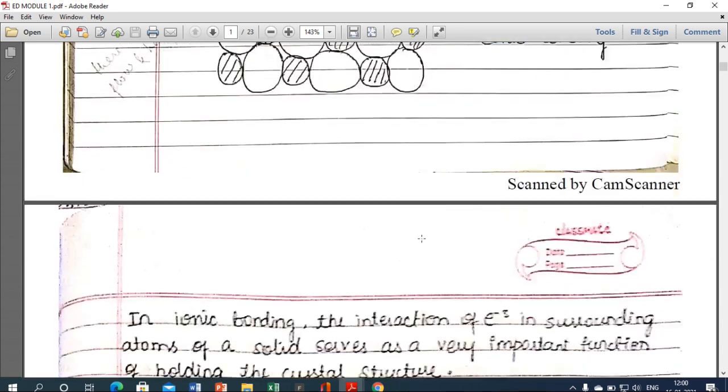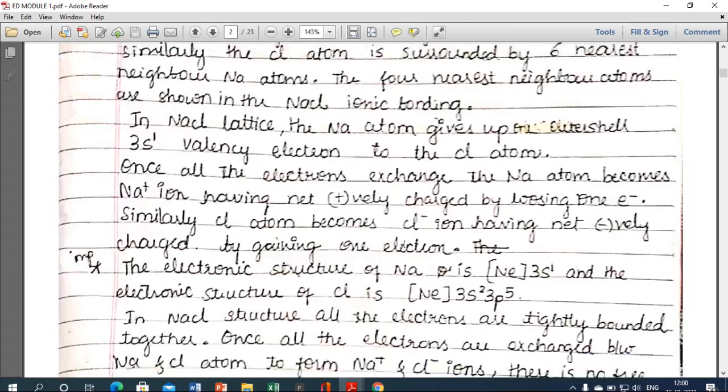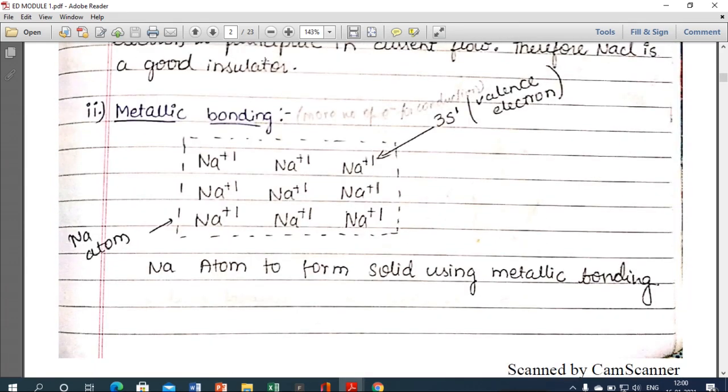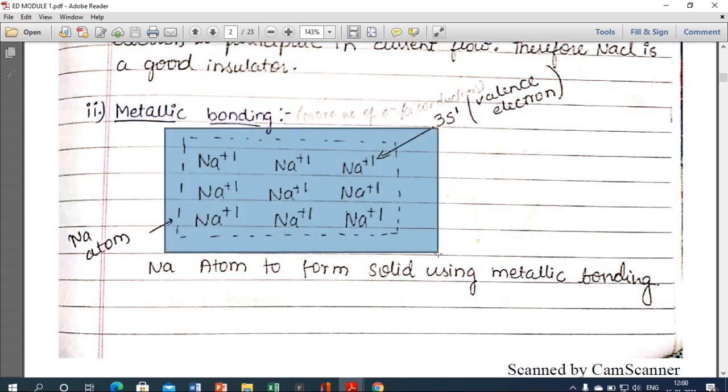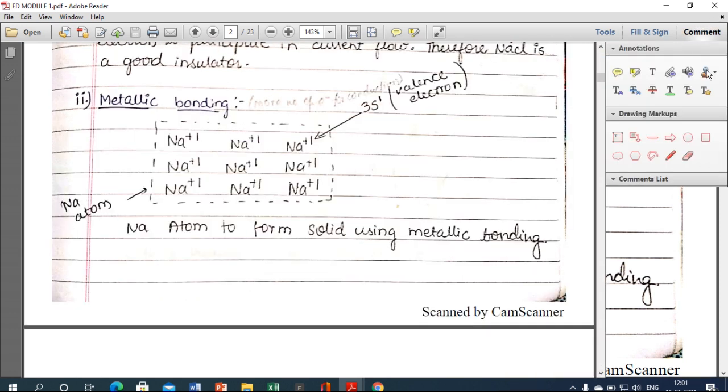Similarly, we went through the second bonding, that is metallic bonding. In metallic bonding, we have taken the metal which is constructed using sodium atoms. As we know from the electronic configuration, this sodium atom has one free valence electron, which is shown here.